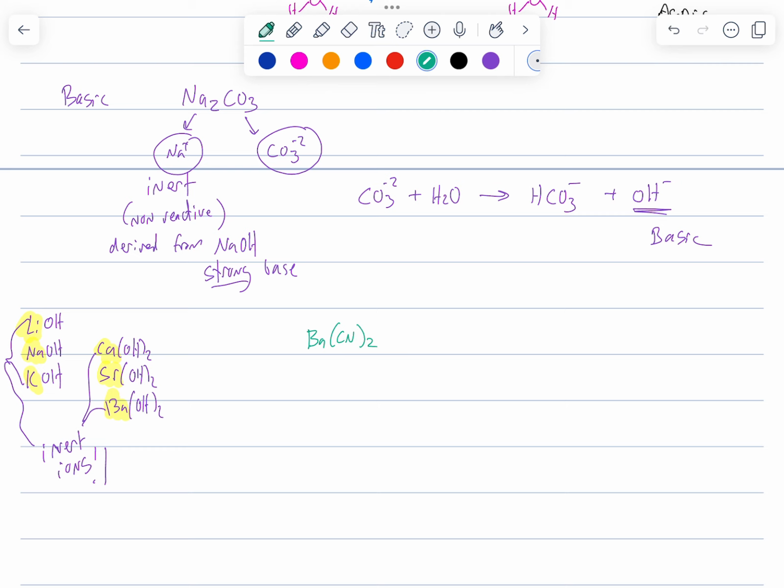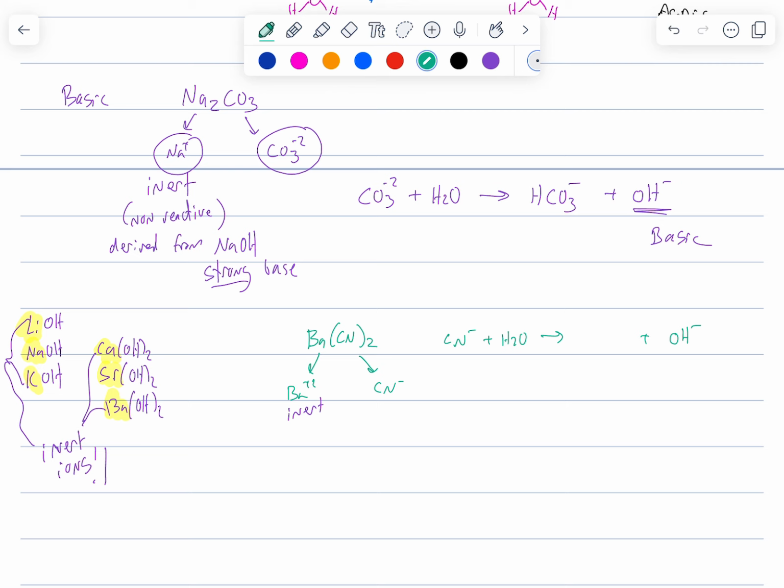So here's a salt, barium cyanide. This will separate and give us two ions, Ba2+, CN-. And we should recognize that barium 2+ is inert because it's derived from a strong base, which means it's not going to do anything. So the next question is, what about CN? CN is not from a strong base. It is negative, so it will react. And when it reacts, it has to produce hydroxide.